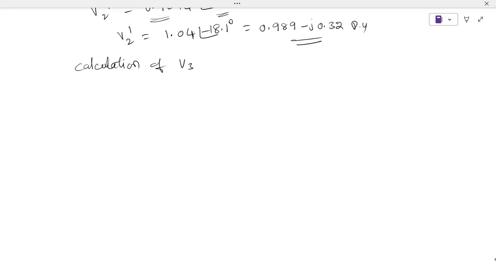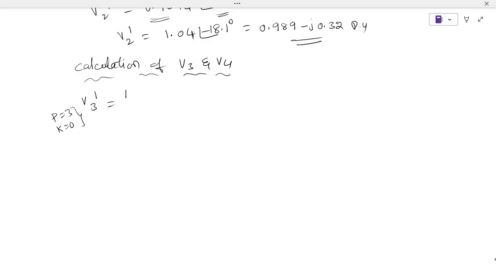Now the calculation of V3 and V4. Now we have the formula, the V equation. Now V31 we have to calculate at the end of the first iteration. Here P is equal to 3 and initially K is equal to 0.